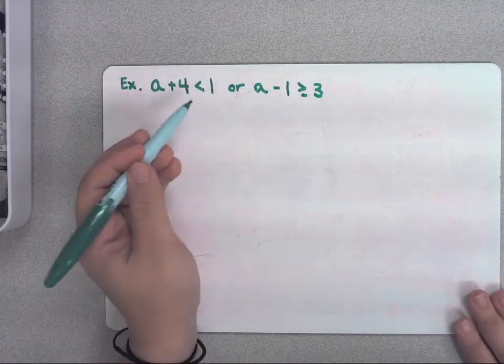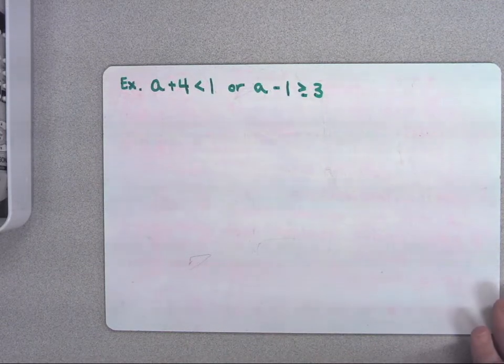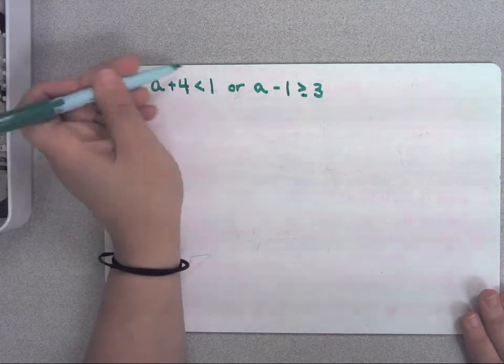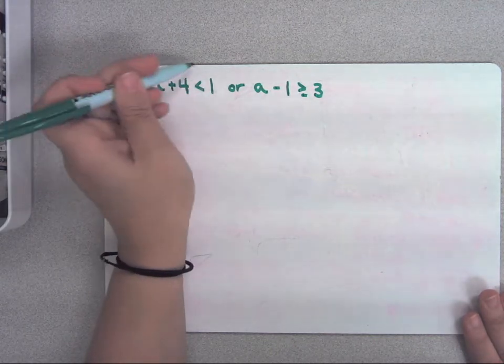So again, solve one at a time. So basically everything we've done up to this point helps us do this. What are we going to do to get the left one by itself?